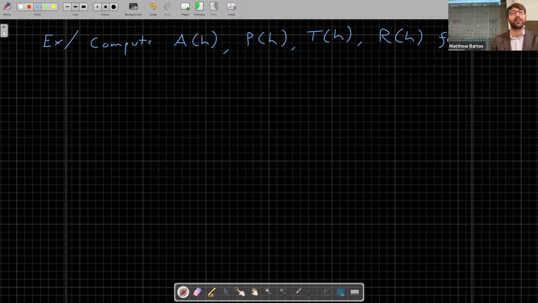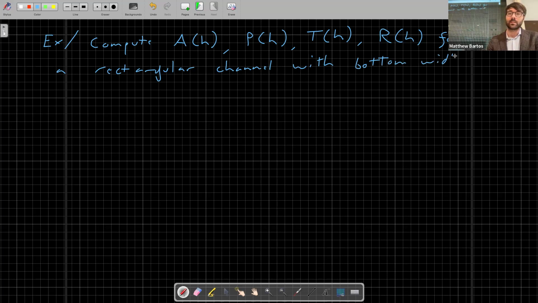Again, this is for a rectangular channel with some bottom width B, as in Bravo, and some water depth H, as in hotel.